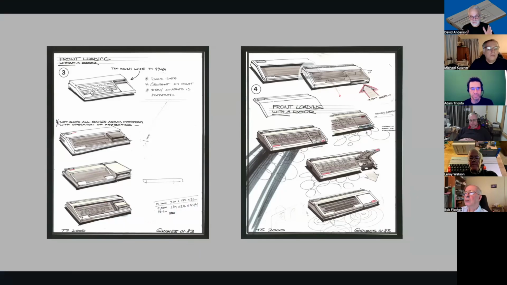It was a nice little flat, what they used to call a slab top, with a keyboard on the top, and the HX20 had a 4 by 20 line screen. These were the limitations we lived with back in the early 80s. None of these are exactly what became the final product, but it's really cool to see all the things that they were considering and the various feedback.